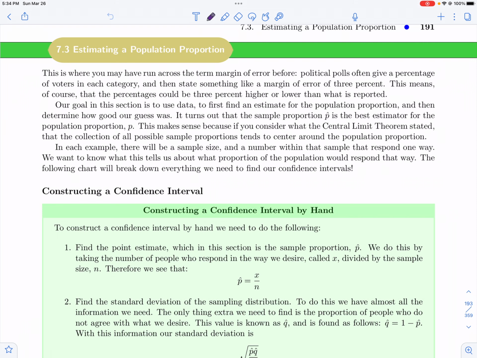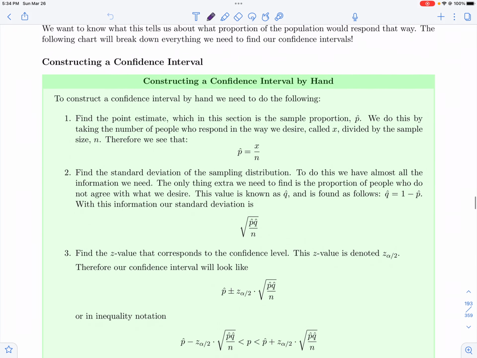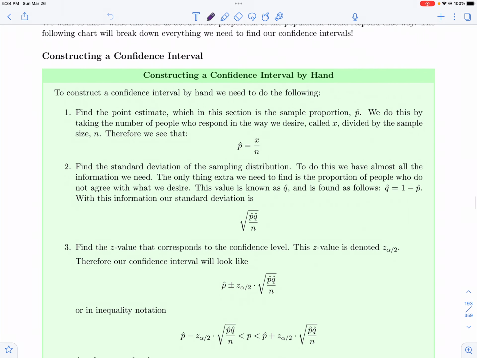So for 7.3, we're moving on to finding confidence intervals using proportions instead, but the idea is very similar to what we did before. With this one, our point estimate, instead of being a mean, is going to be a sample proportion.